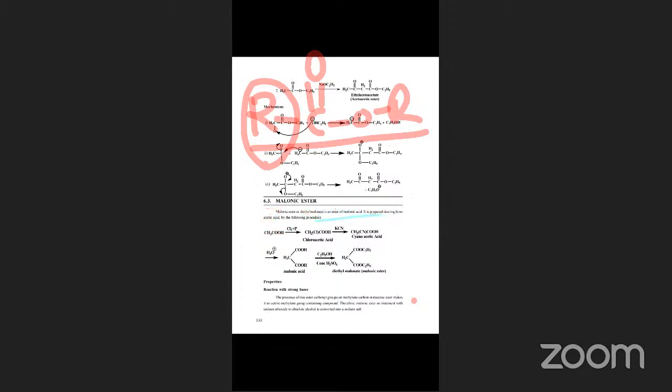First reaction: chlorine plus red phosphorus. The name of reaction is HVZ. Chlorine in presence of red phosphorus, one hydrogen is replaced by one chlorine, giving chloroacetic acid, monochloroacetic acid.